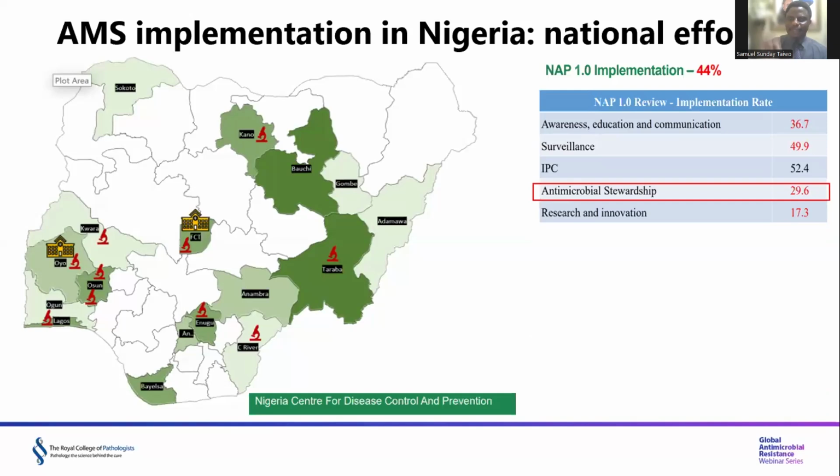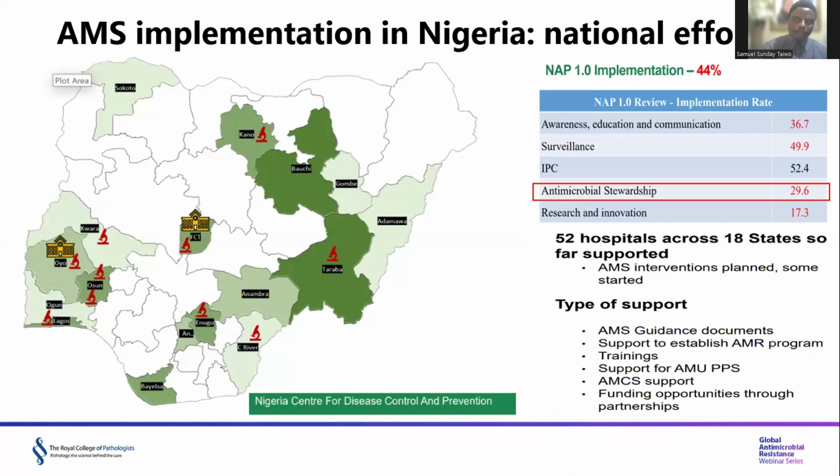But looking at the antimicrobial stewardship strategies, it was less than 30% in terms of the implementation. And most of the hospitals that were supported by the national effort, as shown on the map here, were basically tertiary and probably secondary care facilities. There was probably no facility from the community that was supported with this national effort.